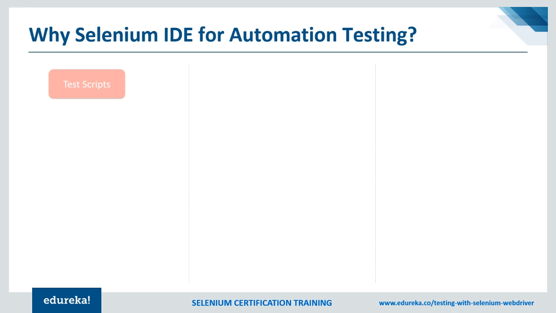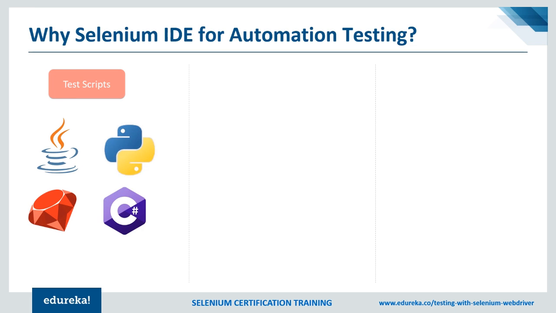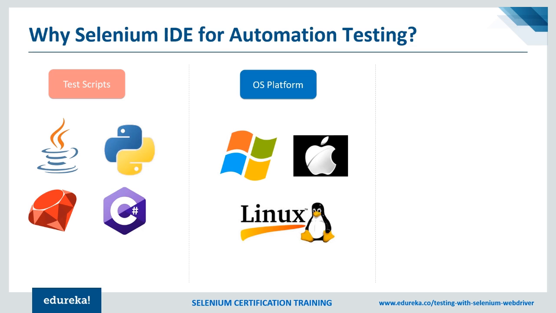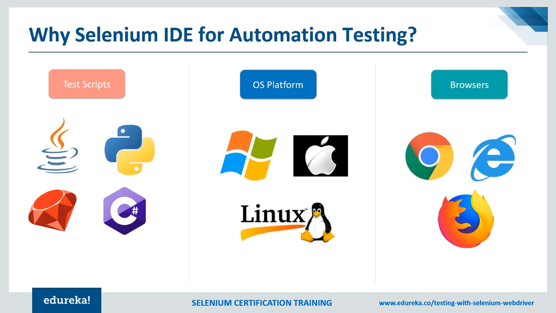The main reasons are the test scripts can be written in any of the programming languages like Java, Python, Ruby, C#, .NET, etc. And tests can also be carried out in any of these operating systems like Windows, Mac, Linux, etc. And tests can be carried out using any web browsers like Google Chrome, Internet Explorer, Mozilla Firefox, Safari, Opera, etc. Not just that, it can also be integrated with tools like TestNG and JUnit for managing the test cases and generating the reports.